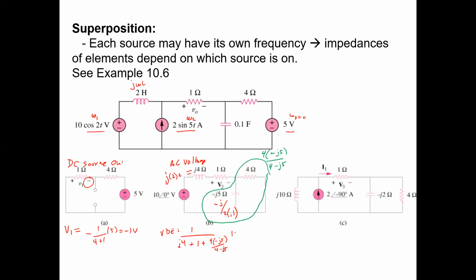And all that's going to be times 10 angle 0, the source, and that's going to end up equaling, this is V2 by the way, V2 equals 2.498 angle of minus 31 degrees.